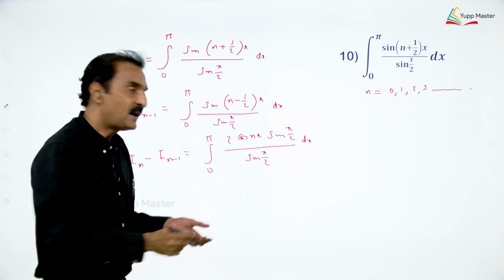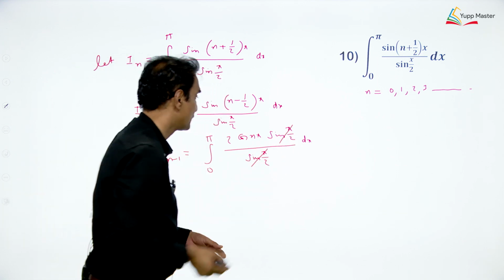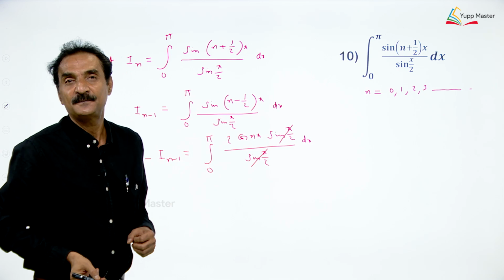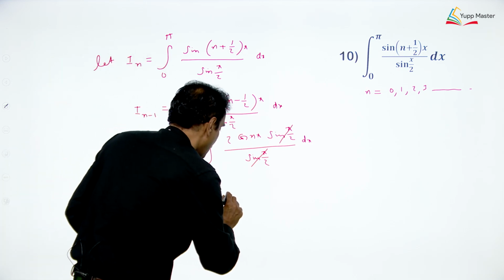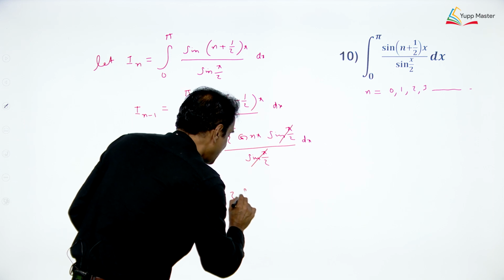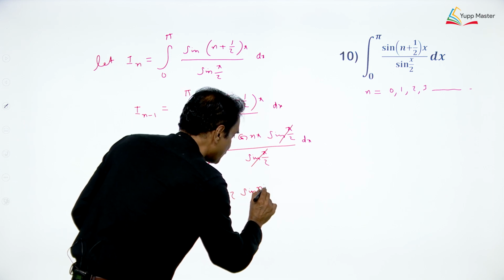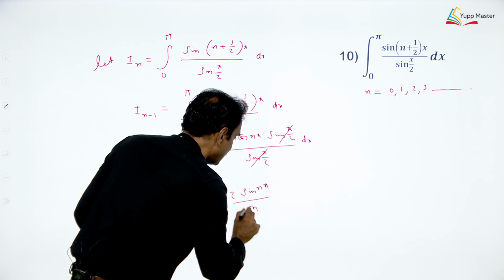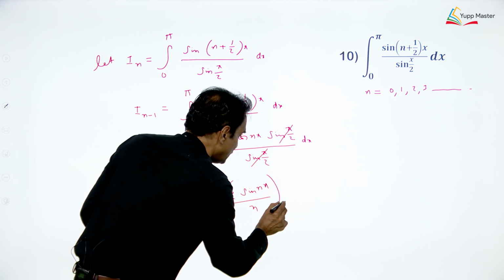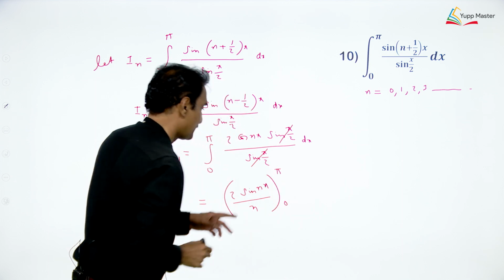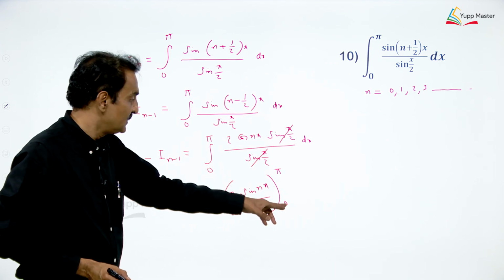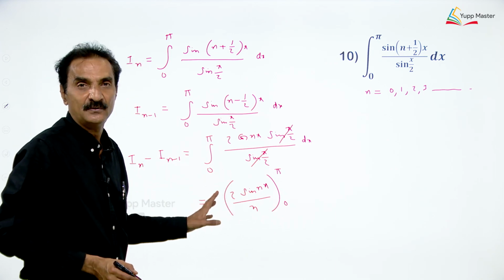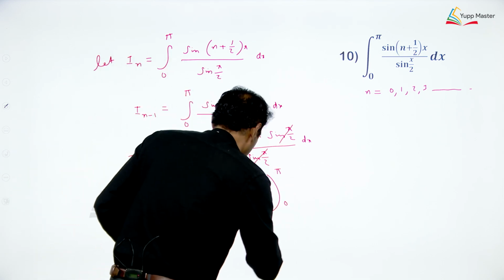What happens? Sin x by 2 cancels. What is the integral of 2 cos nx? It is 2 sin nx by n. Substitute the limits. Substituting pi, sin of n pi is 0. Substituting 0 also, it is 0. So, this is 0.